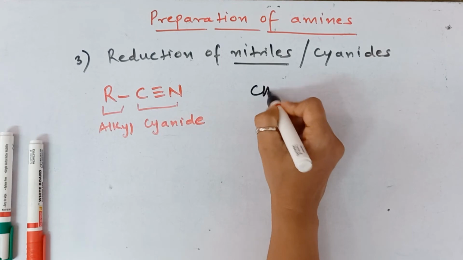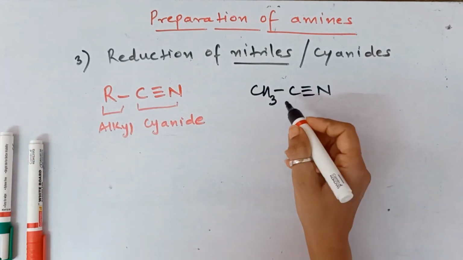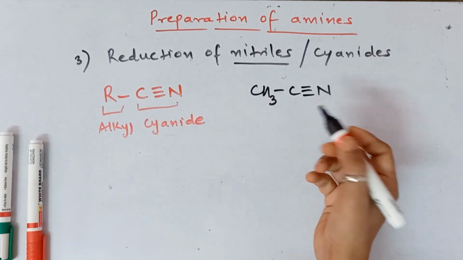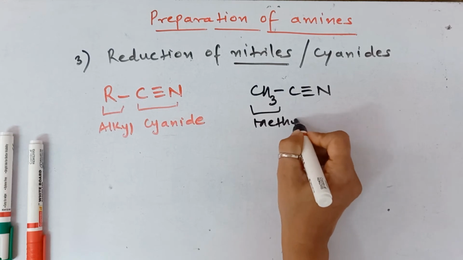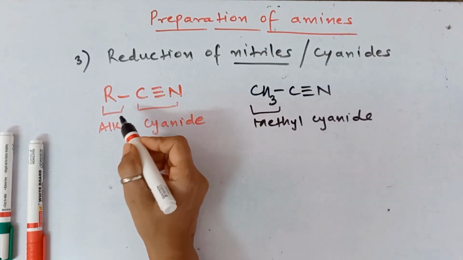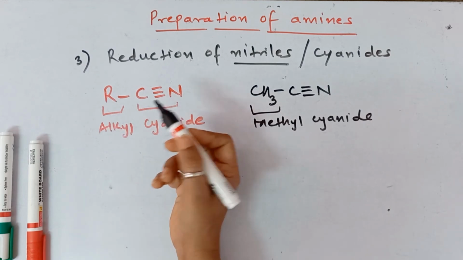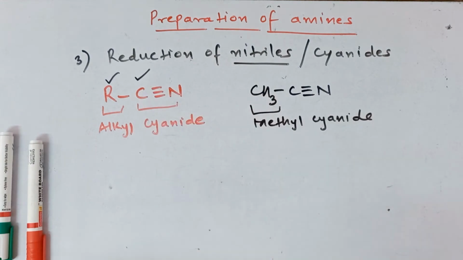For example, if I write CH3C triple bond N, then in the common name I am going to name this compound as methyl cyanide. This was your common name. Now if you want to read out its IUPAC name, you count both the carbon atoms over here.